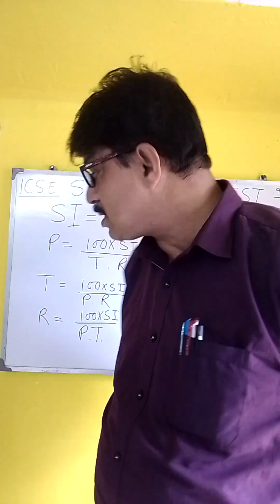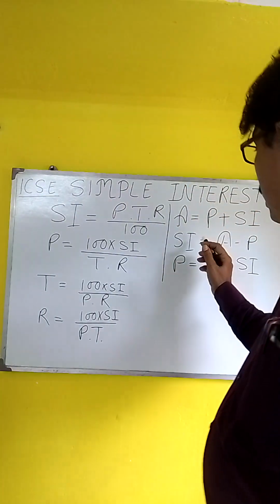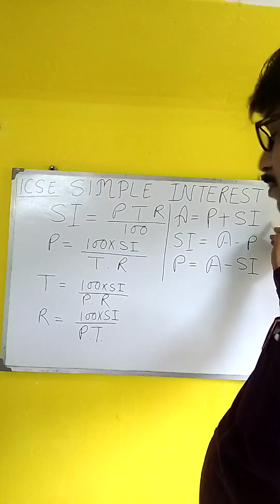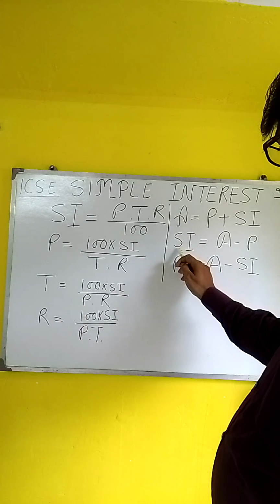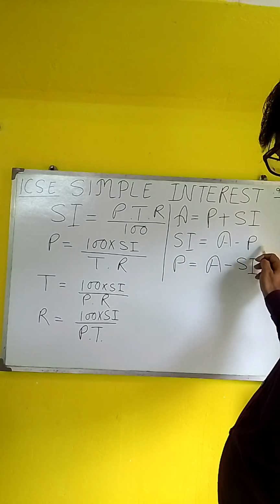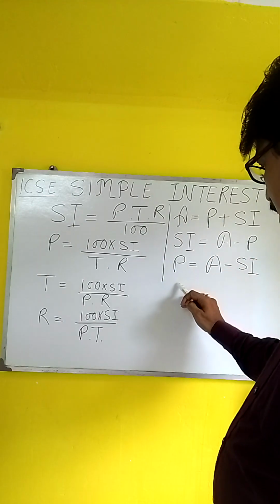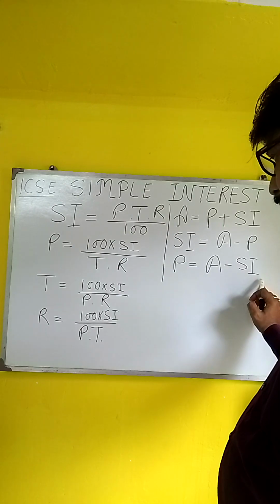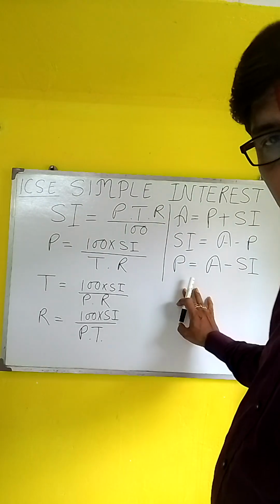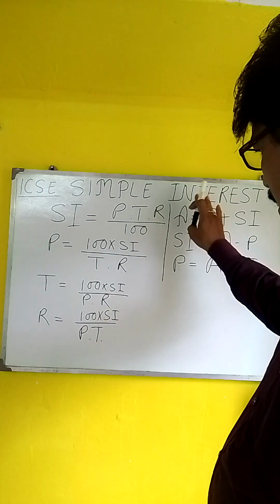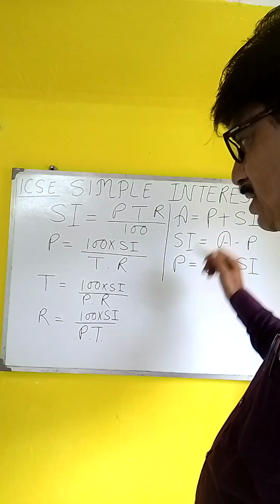So, amount is equal to principal plus simple interest. Simple interest is equal to amount minus principal, and principal is equal to amount minus simple interest. In this way, we can calculate the amount, simple interest, and principal.